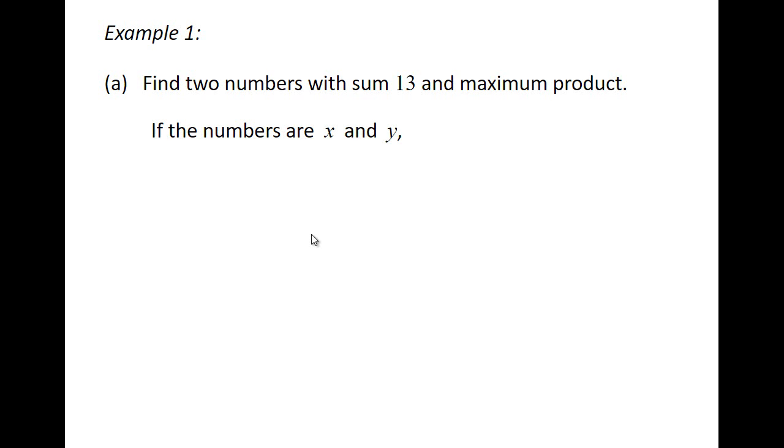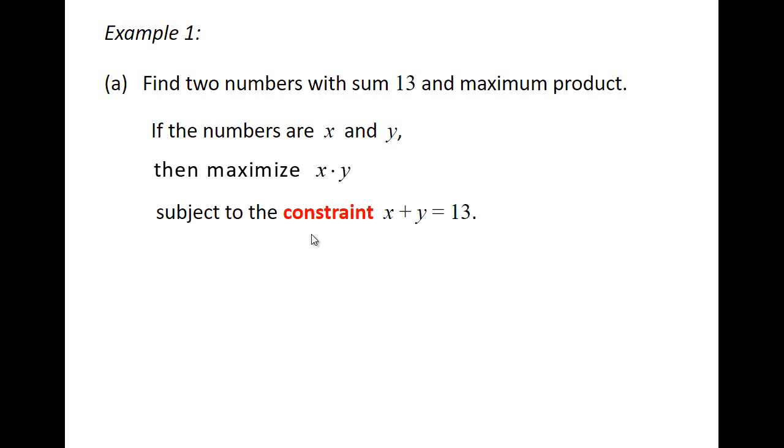If the numbers are x and y, then we want to maximize their product x times y with the constraint that their sum must be 13. So we are trying to find two numbers x and y such that x plus y is 13 and x times y is as big as possible.